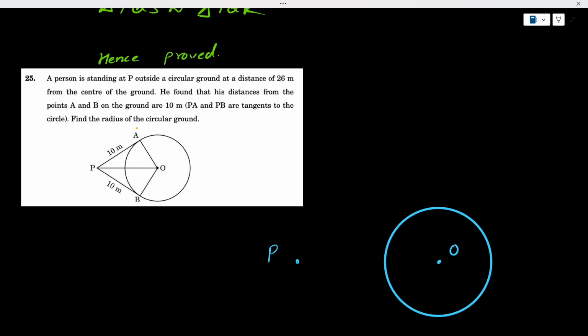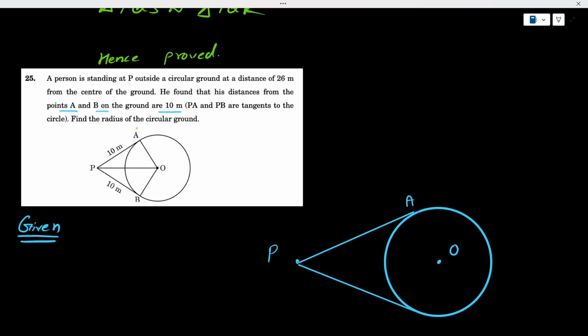Now the distance between OP is 26 meter. Now there are the two tangents also, right? He found that the distances from point P to A and B on the ground are 10 meter. PA and PB are the two tangents, and you know that tangents are equal in length. So those two lengths are equal, 10 meter, which is already a given value.